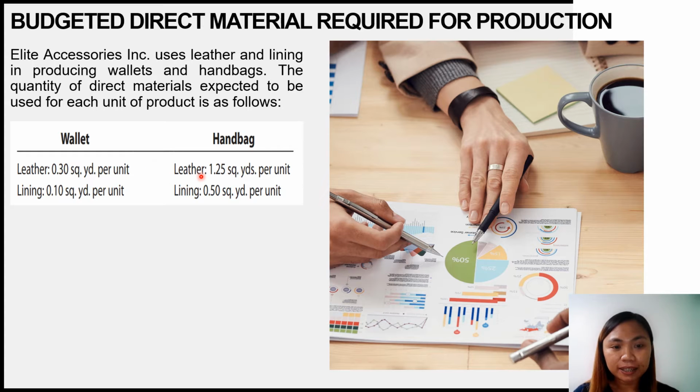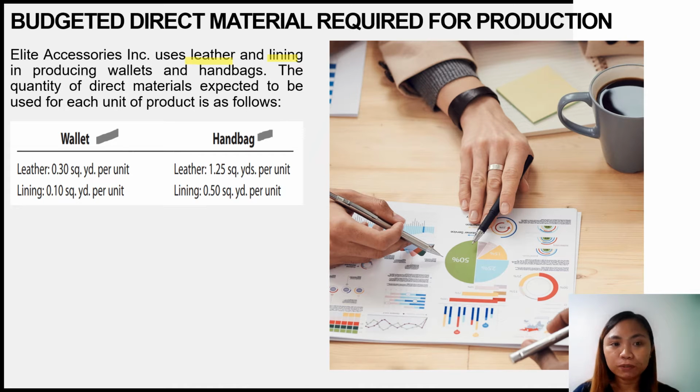For the handbag, the leather needed is 1.25 square yard per unit, and the lining needed is 0.50 square yard per unit. As we can see, there are 2 direct materials for Elite Accessories Incorporated, the leather and the lining. These 2 materials are needed to produce their 2 products, the wallet and the handbag.